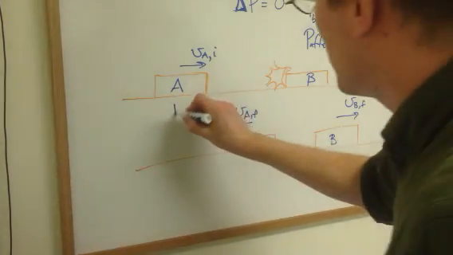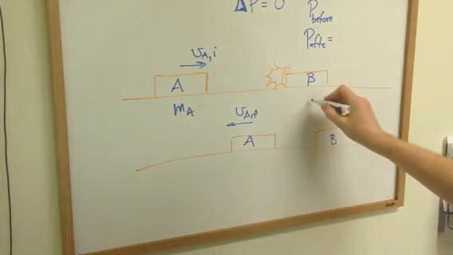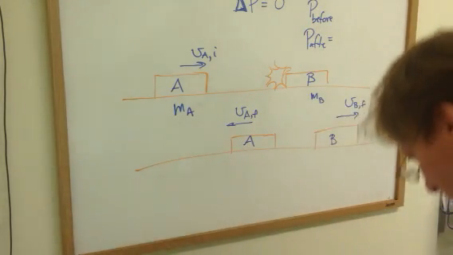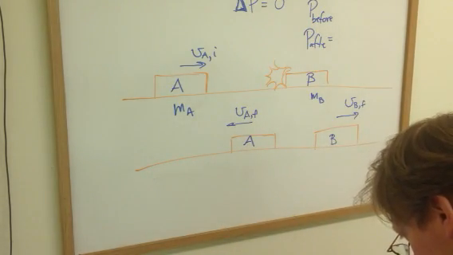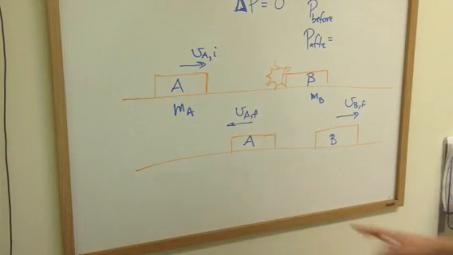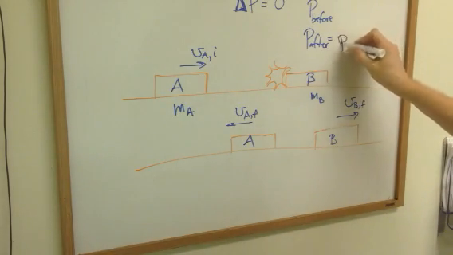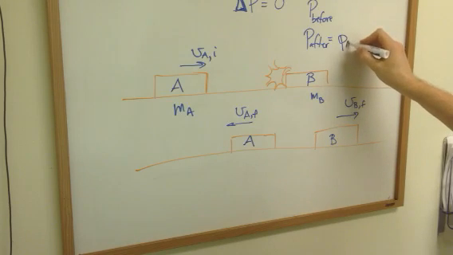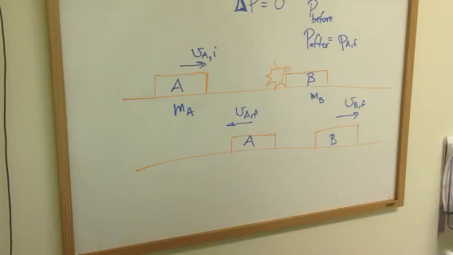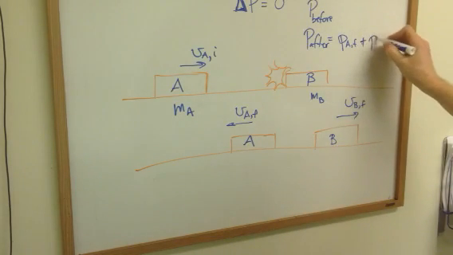We know the mass of A, we know the mass of B. So we can calculate the momentum after. That would be the final momentum of A, plus the final momentum of B.